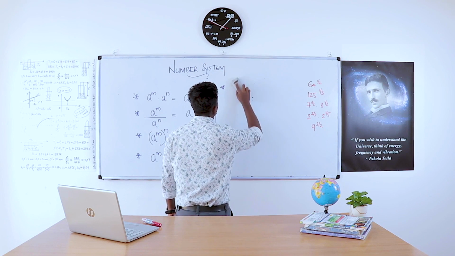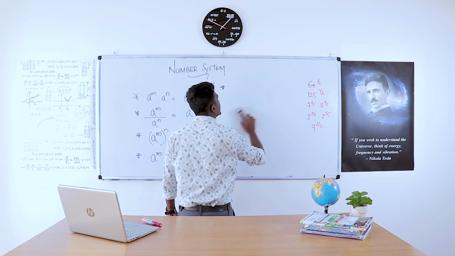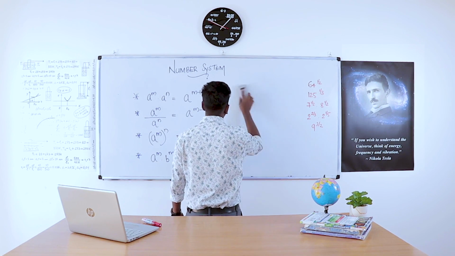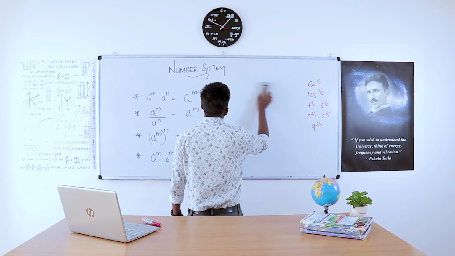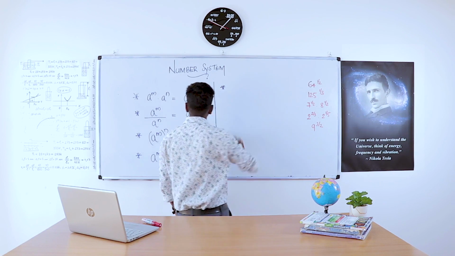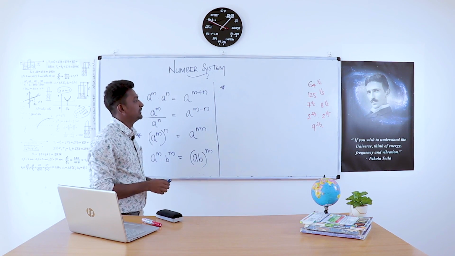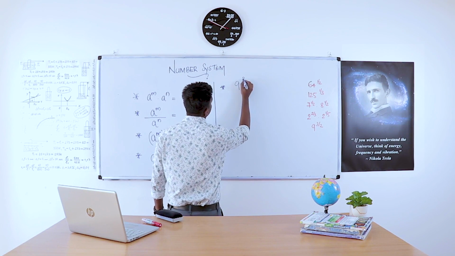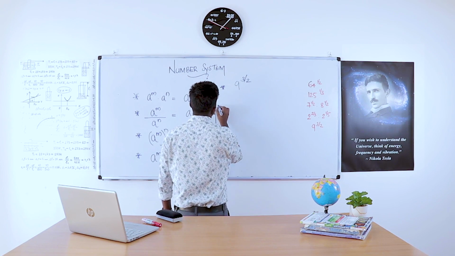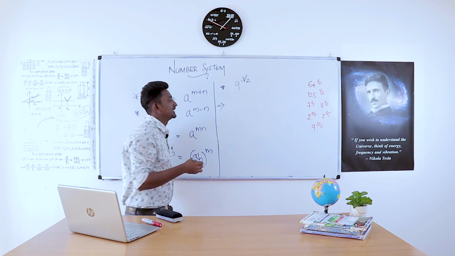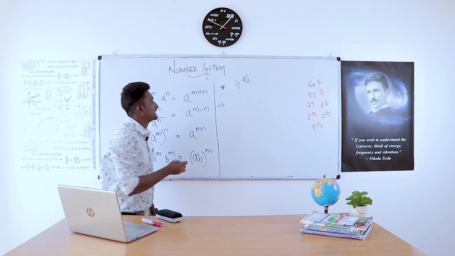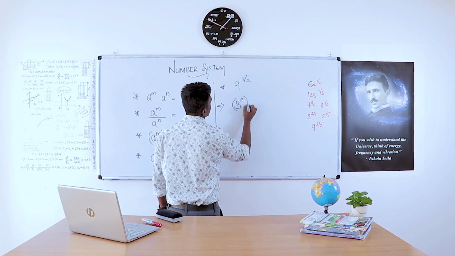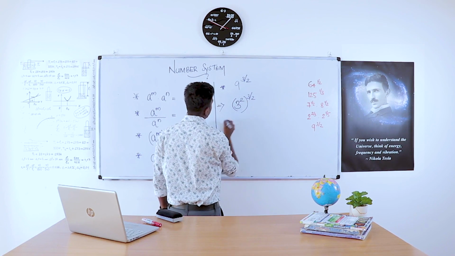I can solve one more question from this topic. Then the remaining questions or any other questions from the question bank or from Google or from any other textbook you can solve using this same result, the same way we did. Next is 9 raised to 3 by 2. Now the 9 can be written as 3 into 3, that is 3 square is 9. Thus I am writing 3 square the whole raised to 3 by 2.